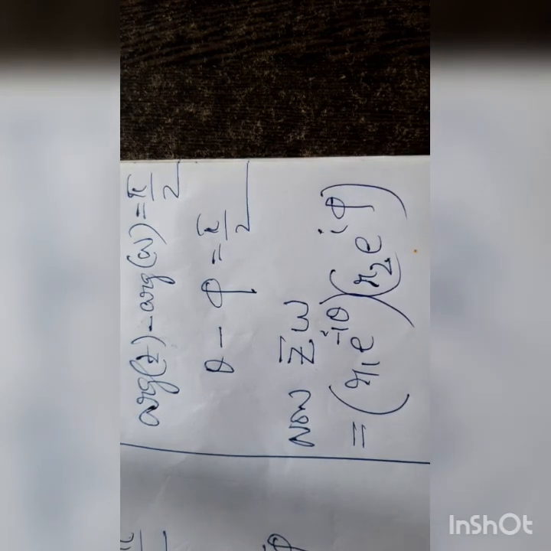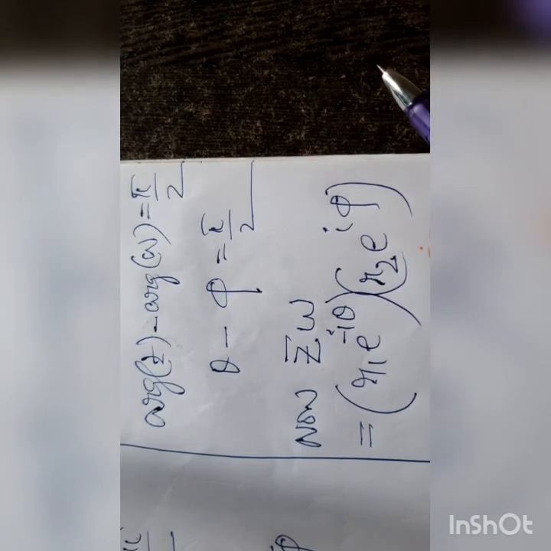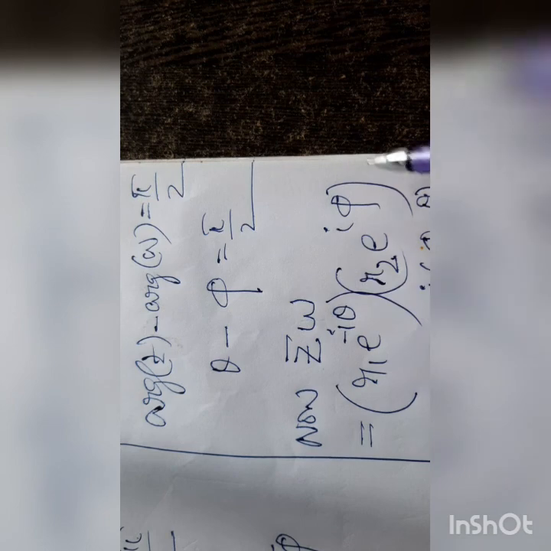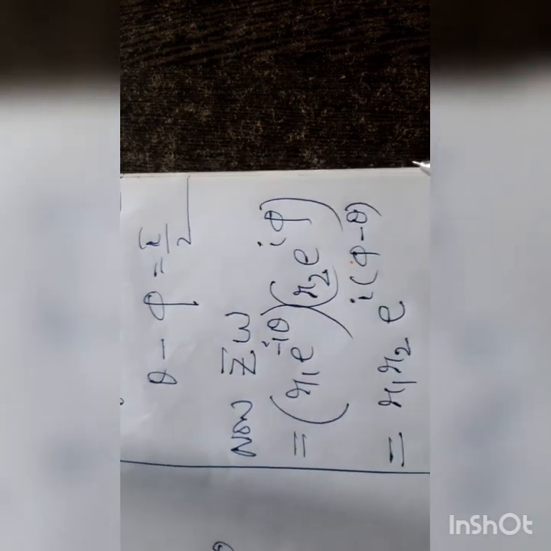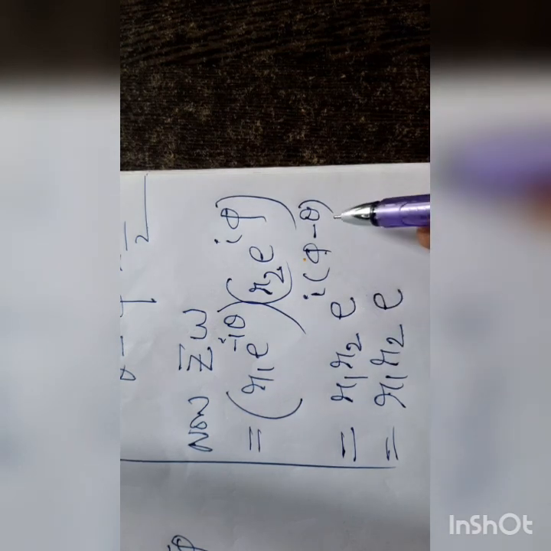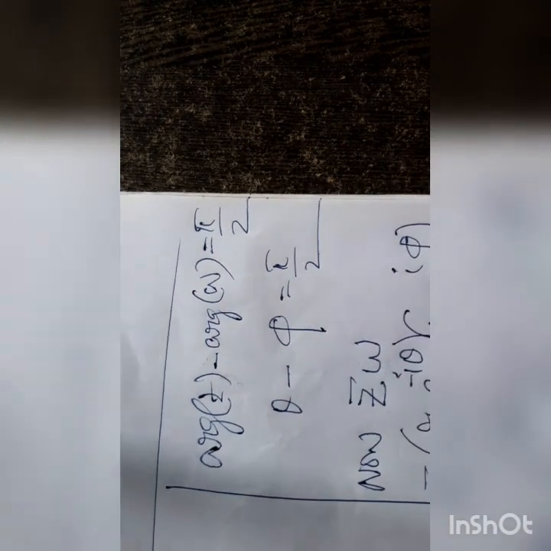So this is r1 r2 e power i of phi minus theta. What is phi minus theta? Since theta minus phi is pi by 2, phi minus theta is minus pi by 2.